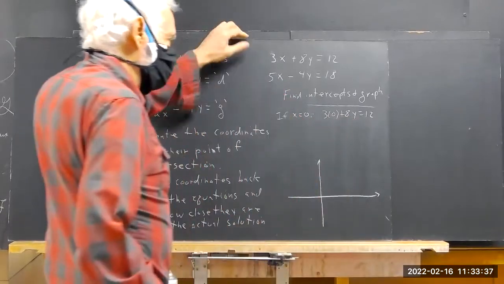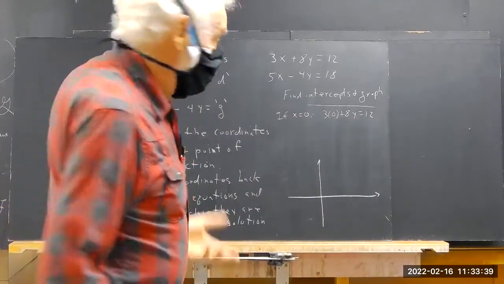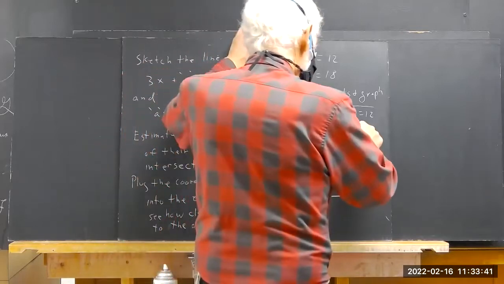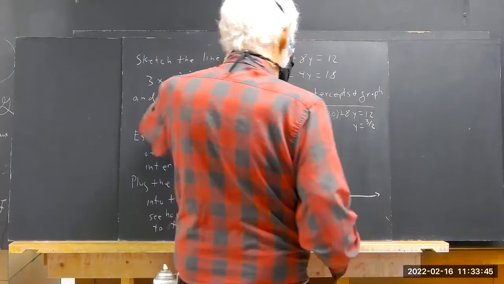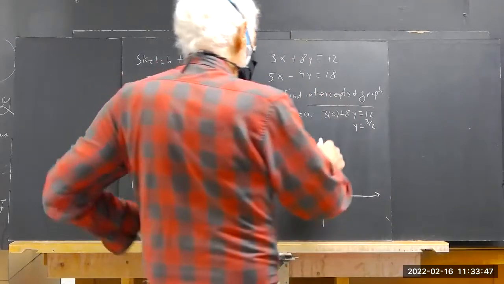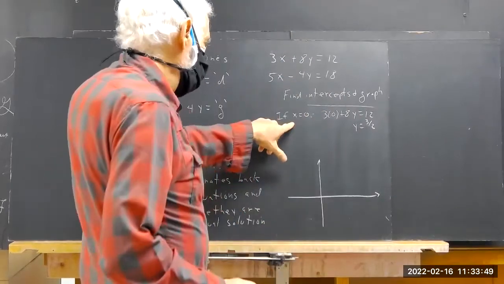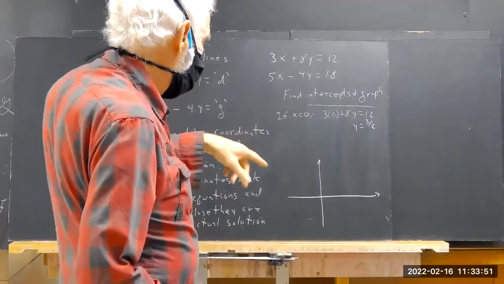So, 3 times 0 plus 8y equals 12, which just means 8y equals 12, so y equals 3 halves. And let's just do the y-intercept of the second equation.